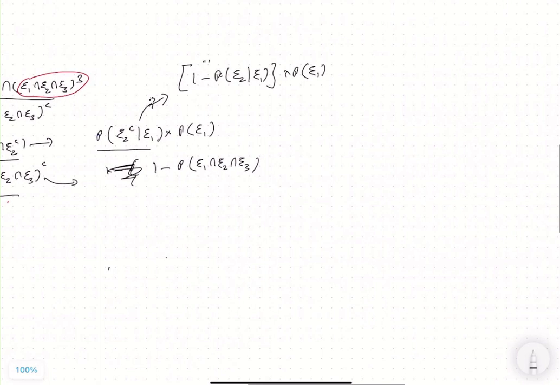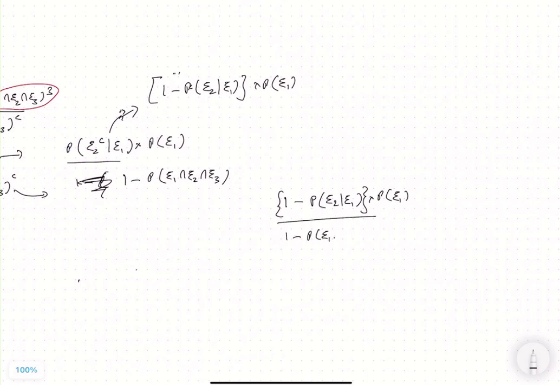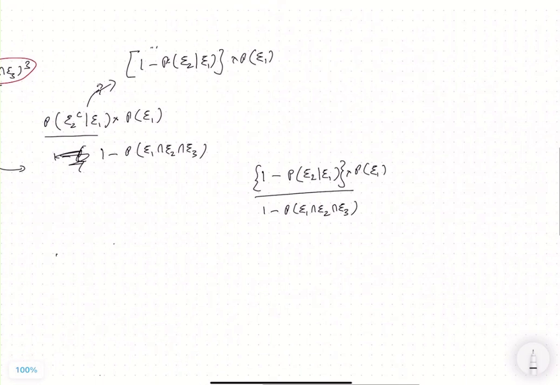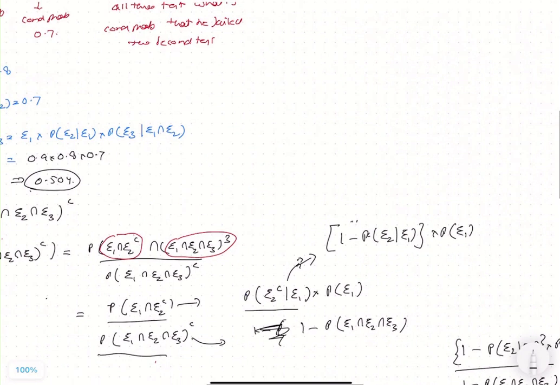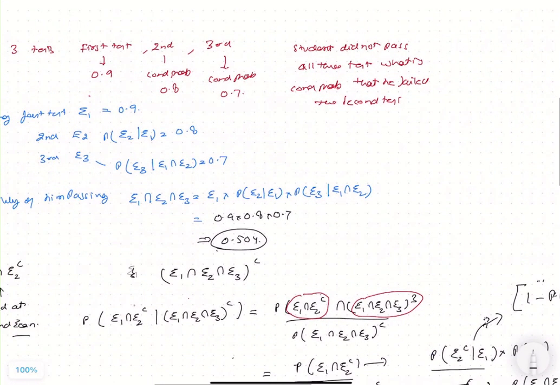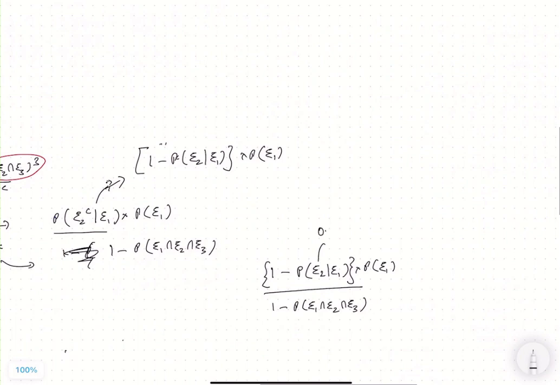So this becomes 1 minus the probability of E2 knowing E1 times the probability of E1, divided by 1 minus the probability of E1 and E2 and E3. Now we know this probability of E2 knowing E1 is 0.8. So we're going to put this 0.8 here.